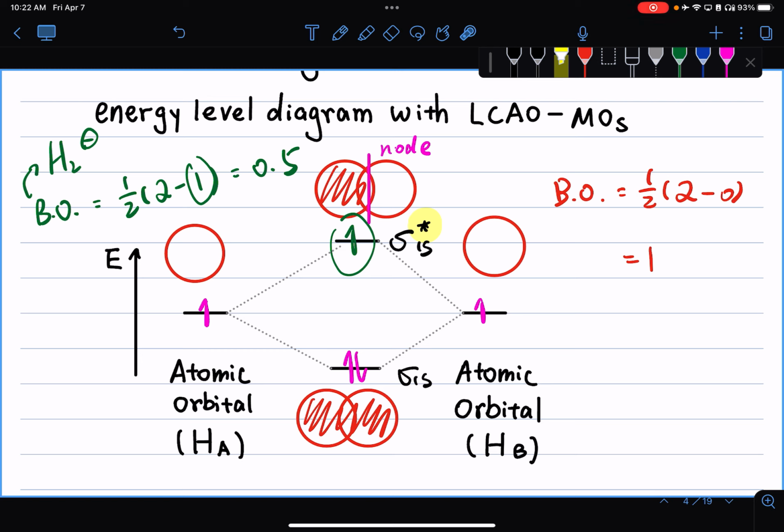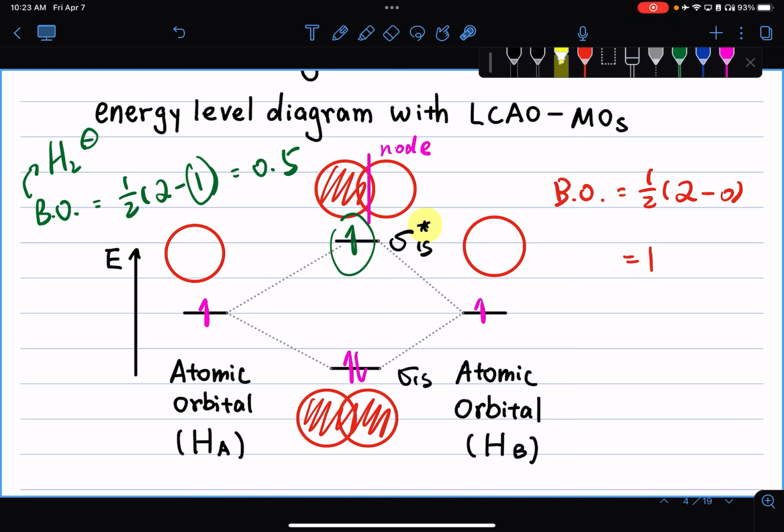So for these single atomic orbitals, the shading doesn't matter. It can be all shaded, it can be all left blank, it can be one shaded, one not. It doesn't matter for single atomic orbitals. But once you start to make a chemical bond in your molecular orbital, then the shading becomes important. So bonding MOs always have the shading match up to form that chemical bond, and anti-bonding always have the shading out of phase. So it's like having a node in between.